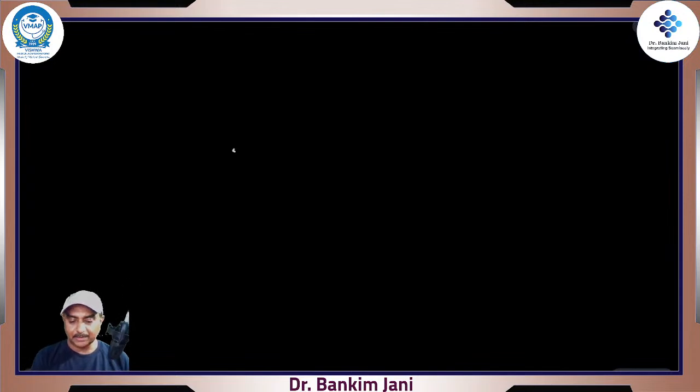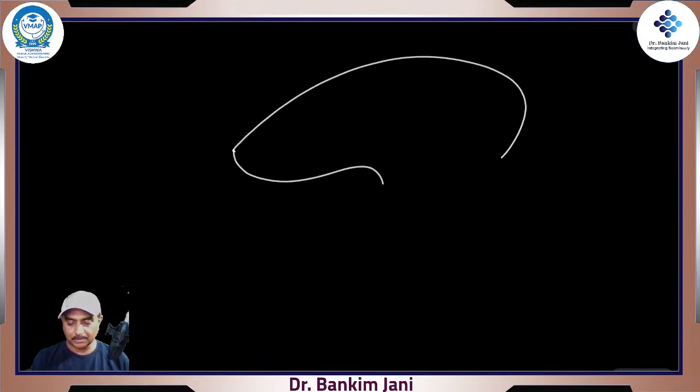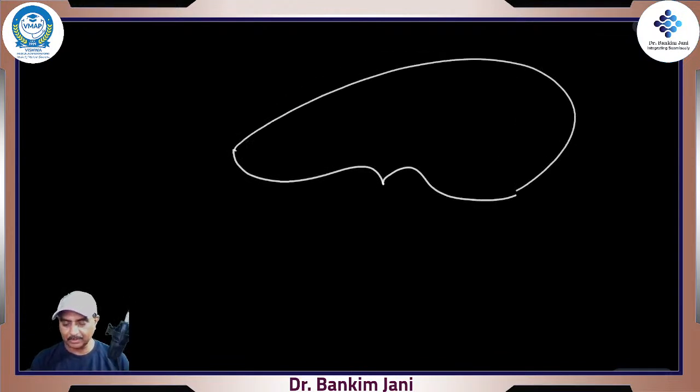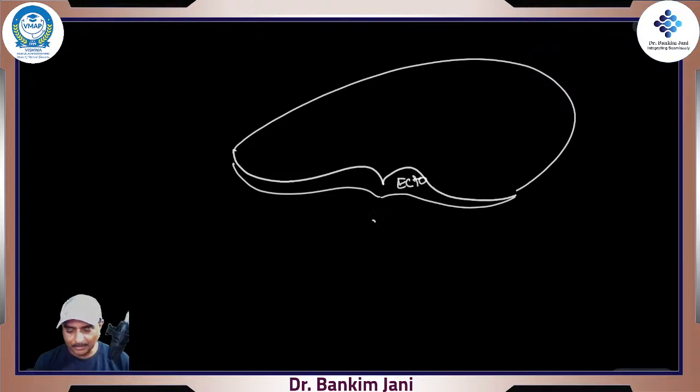So let's say this was what we were talking about yesterday, right? This was our ectoderm, correct? And then from that the notochord was formed, a solid structure, notochord, right?